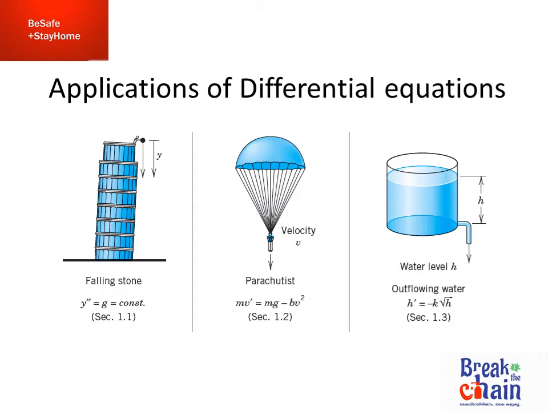M is the mass, v is the velocity, g is the acceleration due to gravity, and b is some constant. And in the last case, water level h, outflowing water, h dash equals minus k into root of h. All these examples we will discuss in detail in the due sections. So differential equations have many practical applications.